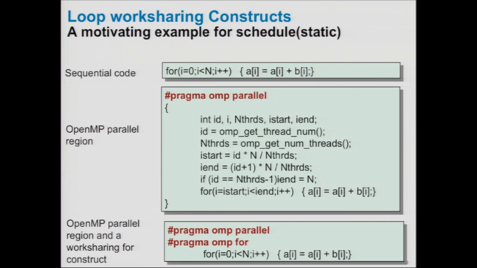Whereas if we have a work-sharing construct, we just simply say, okay, well, create a parallel region and distribute those iterations across the threads. In fact, the only changes we've made are to add the directive. We didn't have to change the original code at all.